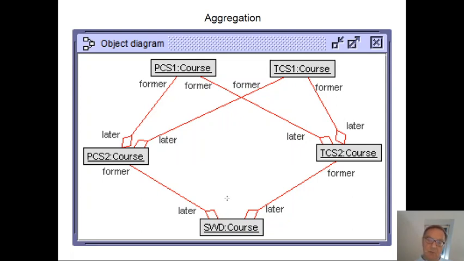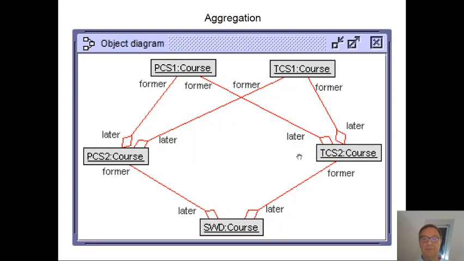I have here a course, software development, and it has two courses that are prerequisites for it. One direct prerequisite is the course Practical Computer Science 2, and the second prerequisite of software development is Theoretical Computer Science 2. This is expressed by these two links.